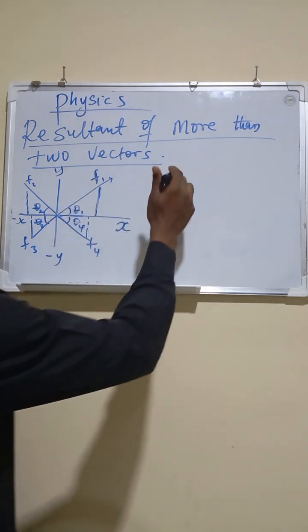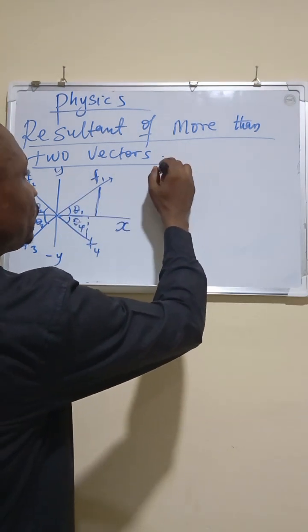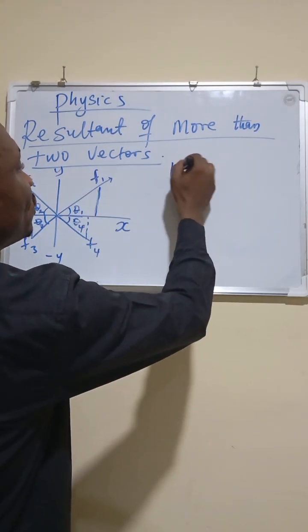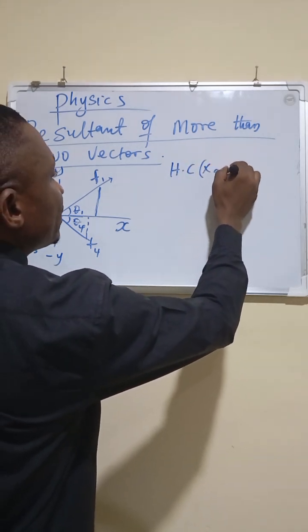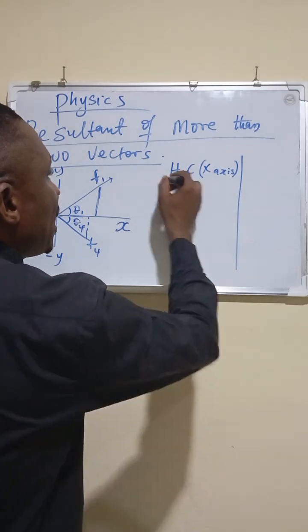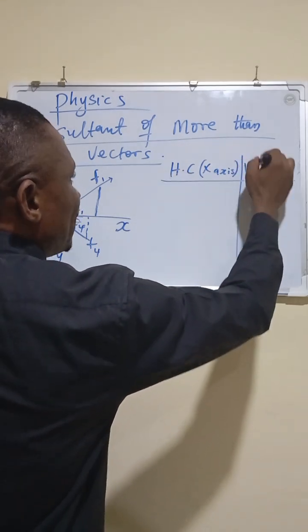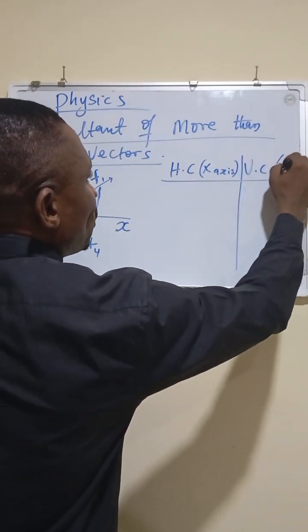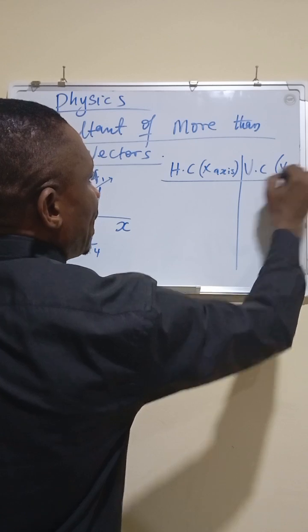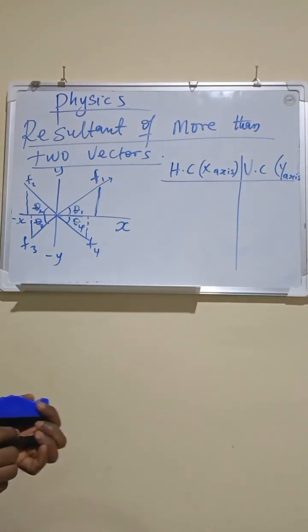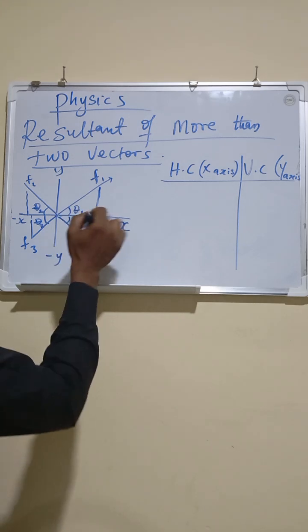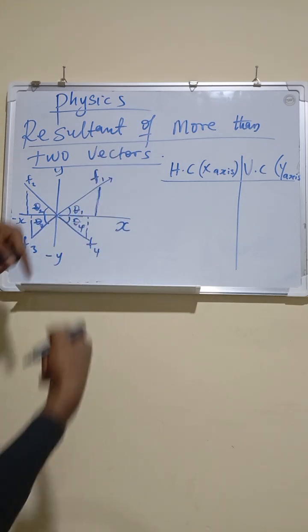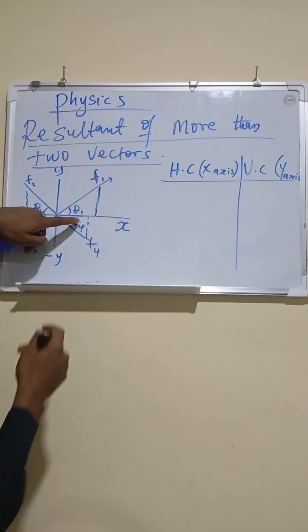So we can resolve it into a horizontal component, that is the x-axis, and a vertical component, that is the y-axis. Now, using SOHCAHTOA, if we want to resolve this force into the horizontal component, you look at this point.